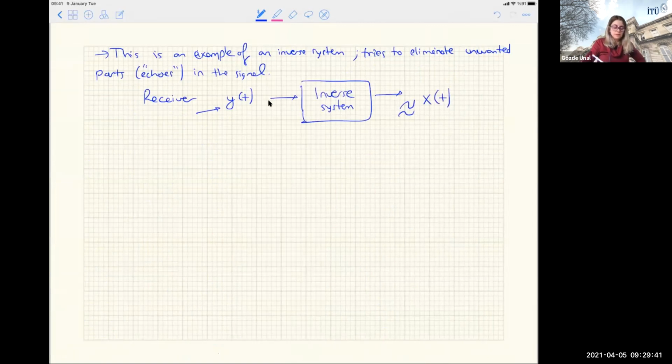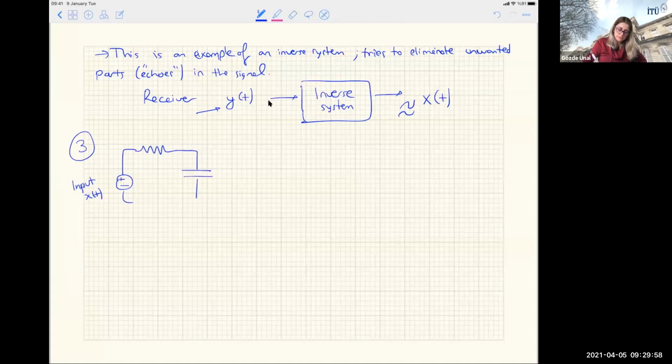Another system, which you probably know better than me, is an RC circuit. It could work as a low pass or high pass filter, or for other purposes. For instance, this is a capacitor, this is a resistor. This is an analog system.